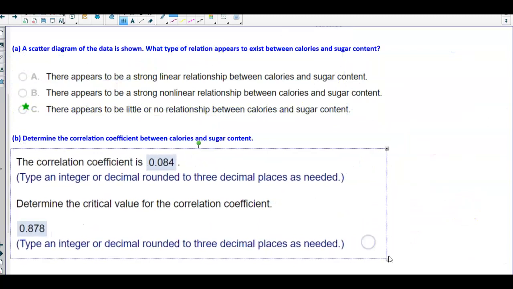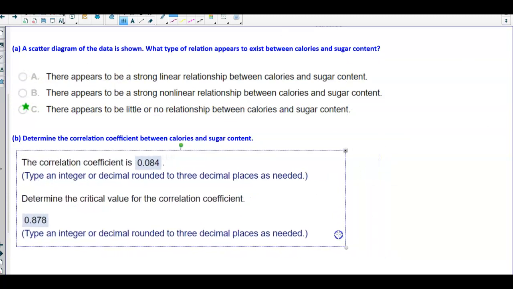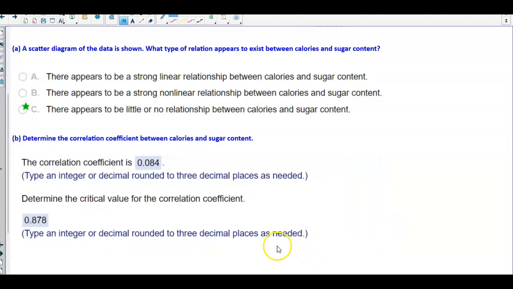Recall that if the absolute value of the correlation coefficient, R, is greater than the critical value, then there is a linear relationship.